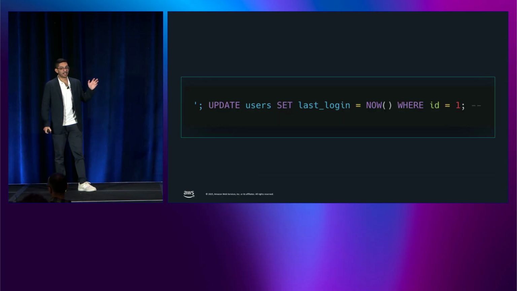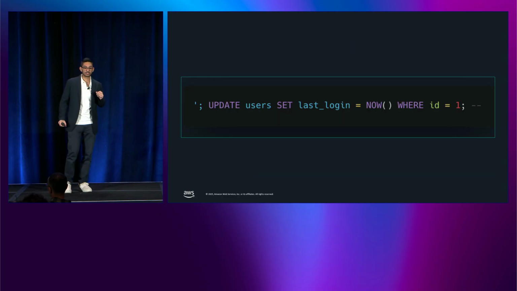So here's another example. This is an example of a payload that we do not want to block. Here we are just changing the last login of a user to now, and there's nothing destructive about it. The problem: since we are changing a sensitive entity in the system, a user, our agent sometimes might think that this is something that needs to get blocked.